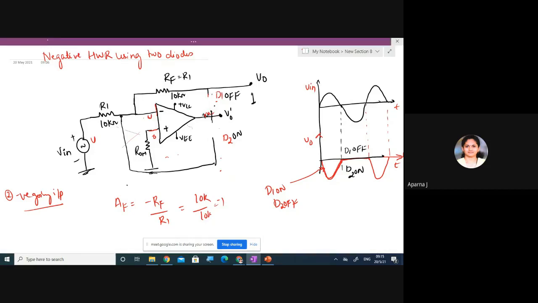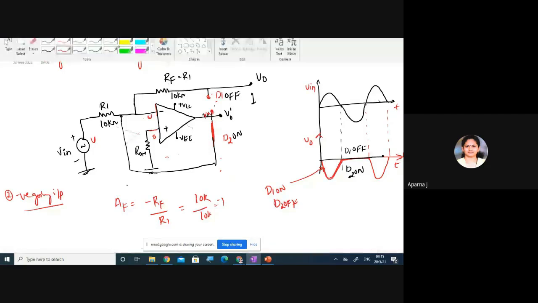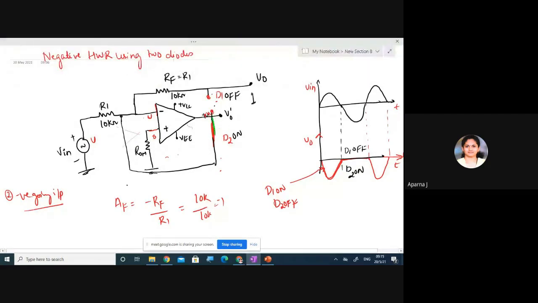Now when D2 is on, how does the circuit look? Since D1 is off, there is no connection between these 2 points. As D2 is on, this is closed. So now it is also in a closed loop configuration, even though the output voltage is 0 now. Why is it 0? You can see that this connection is connected to this point, and this is where you are taking the output.